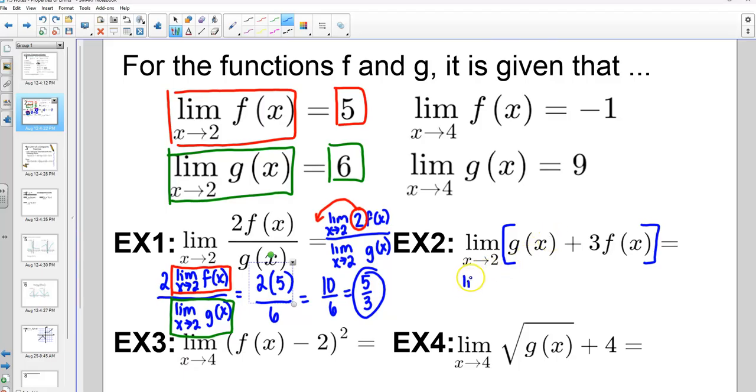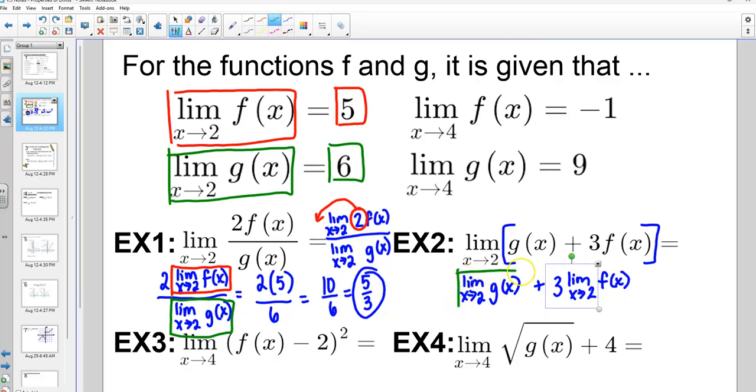So I'm going to have the limit as x approaches 2 of g of x, and then I would also be doing the limit of this other stuff. That 3 is a coefficient. It can just be sort of pulled out. Limit as x approaches 2 of f of x right here.